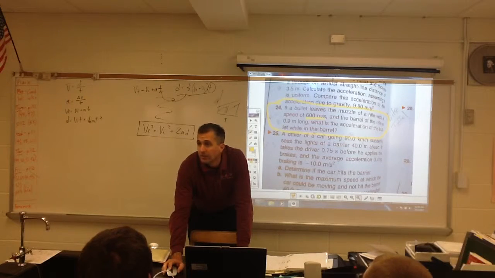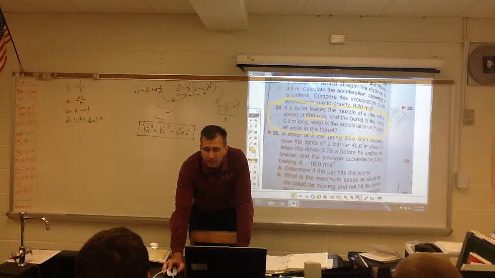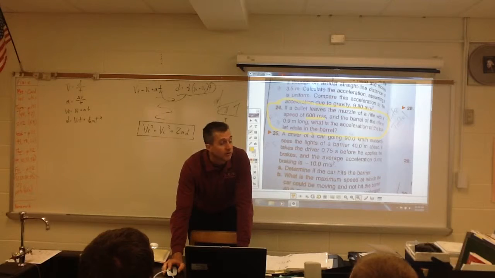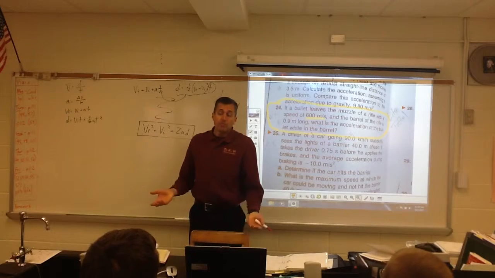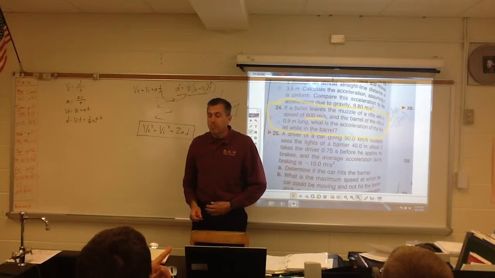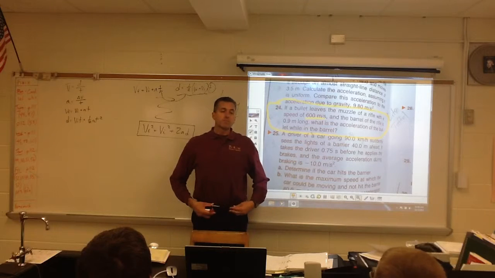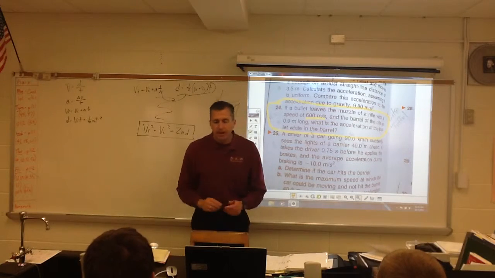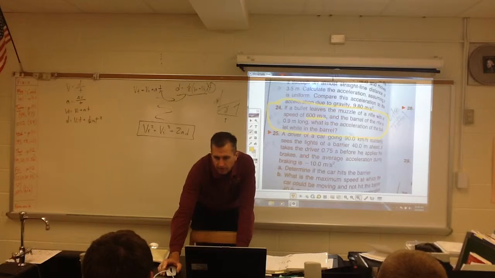What did they give us? Leaves the gun. Initial? What's the final? No. Maybe we have to read further. It starts at 0, and then it's shot. It's exiting, it's when it leaves the barrel. So you've read ahead. I think when you read ahead, it becomes a little clearer.